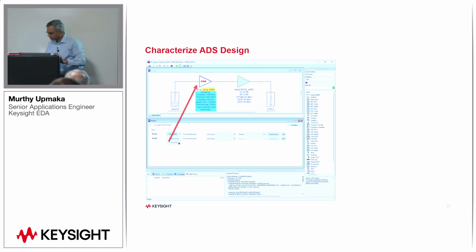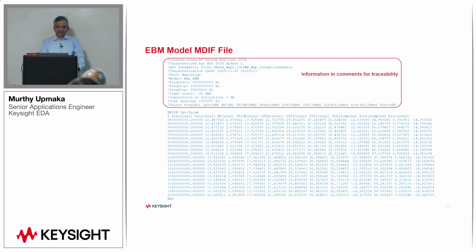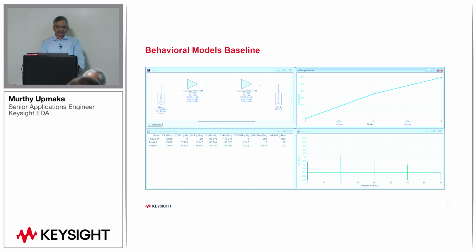So what kind of outputs does it generate? This is what happens. Both the circuits are extracted into a behavioral model. This is the behavioral model. It's a text file, and it can be reused if you want to give it to somebody. This is my amplifier, another system engineer can take it and put it into a system view outside of it.